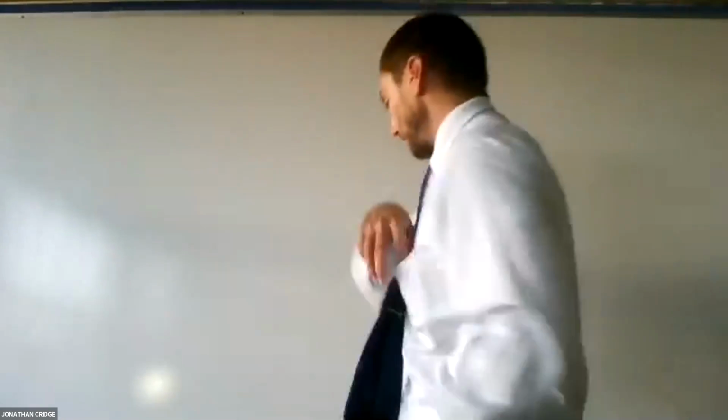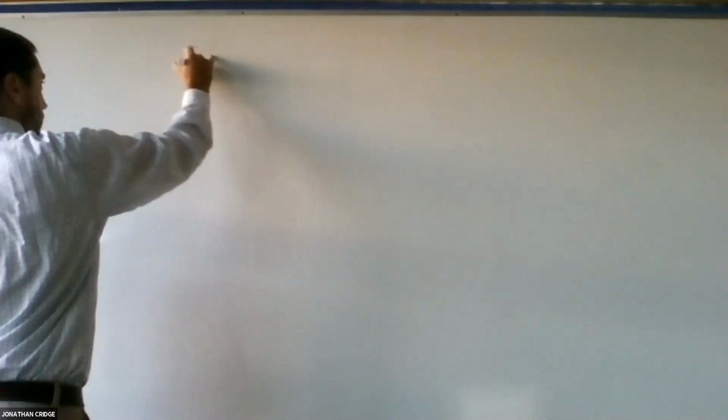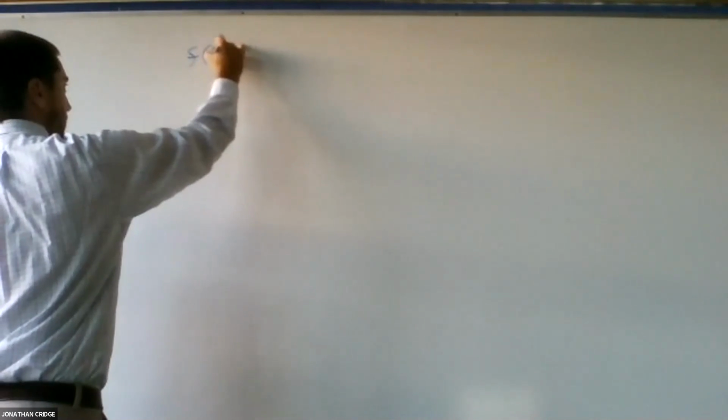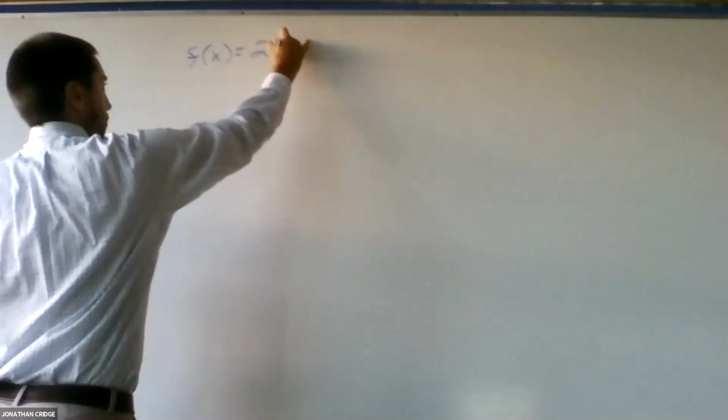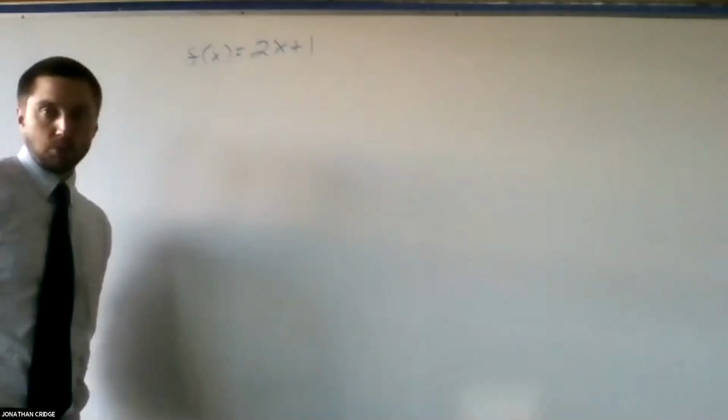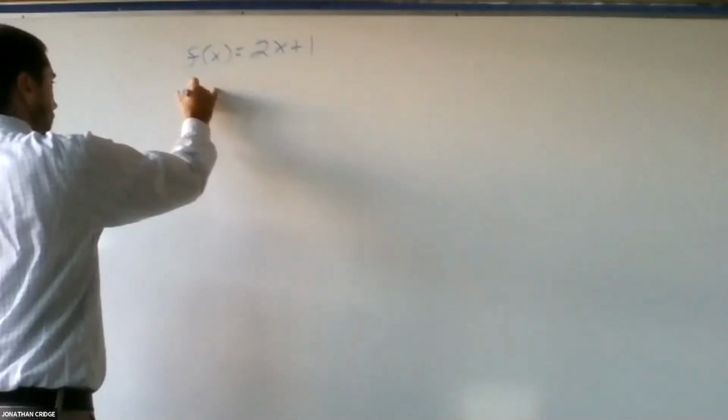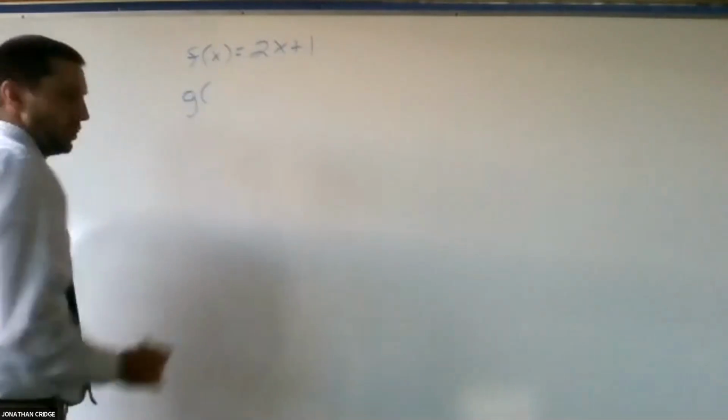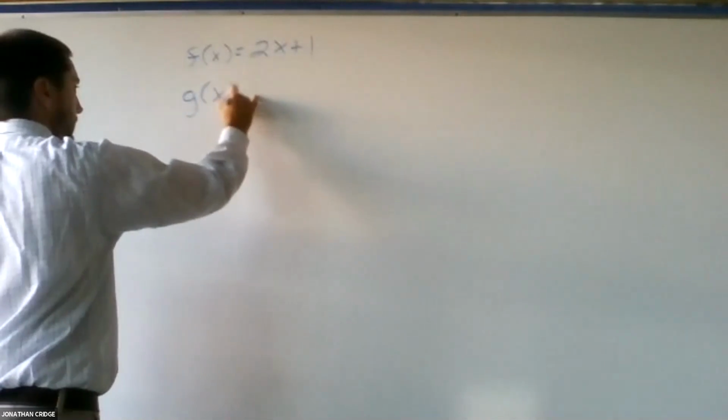Okay, so let's talk about how we might be able to do this algebraically. So algebraically, I might give you 2 functions. So let's call the first function f of x. Let's just keep it simple. f of x is 2x plus 1. And then let's come up with a second function. Let's call him g of x.